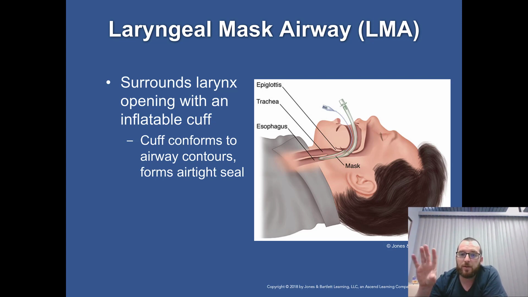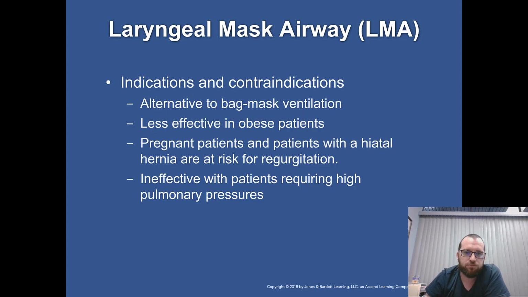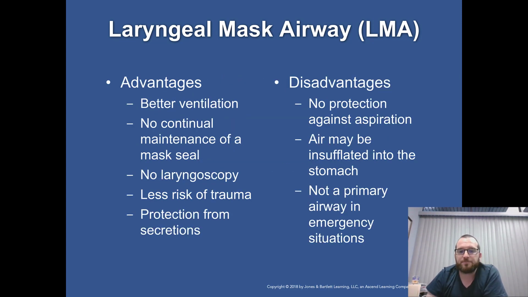When we hook the BVM up and start bagging, that air is going to come out the front of it and go down towards the trachea. So all your supraglottics are great, they just don't definitively protect against airway aspiration. Even though the tip is in the esophagus, if that person vomited, enough of it is still going to work its way around the device and go down into the trachea.